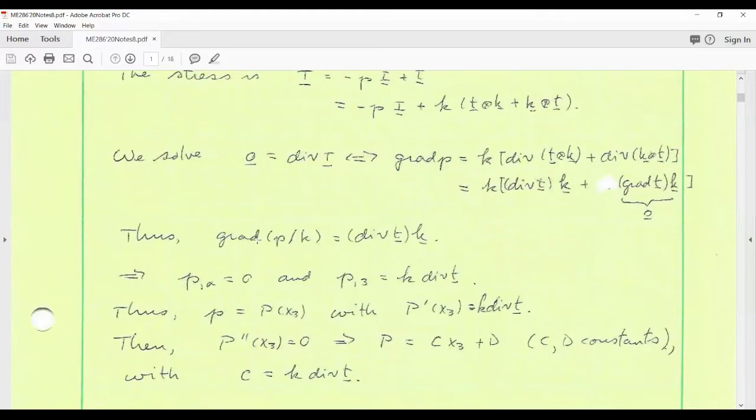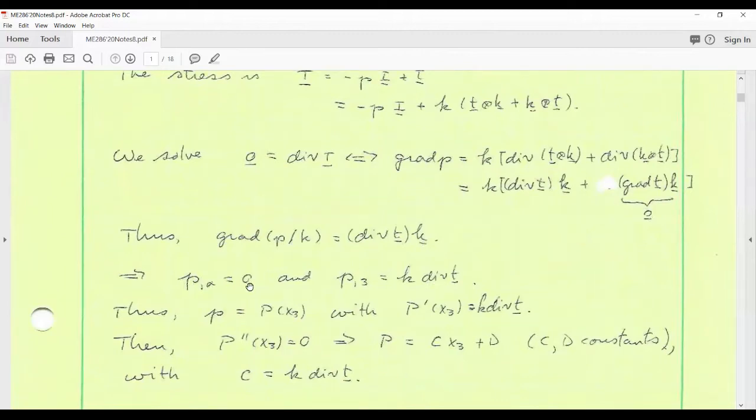It tells us, for example, if you write gradient p in Cartesians, then this would say that the in-plane components of the gradient, p comma 1 and p comma 2, are 0 because there's nothing to balance those on the right-hand side. Whereas p comma 3 would be k times divergence t, because k is e3.